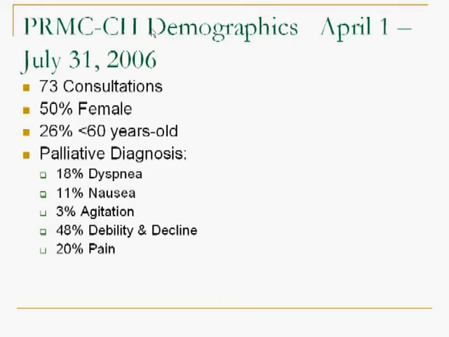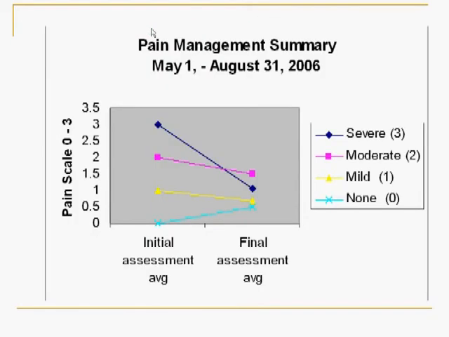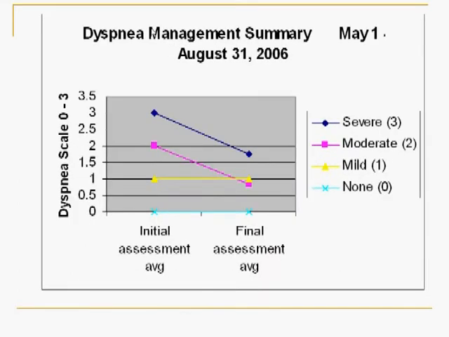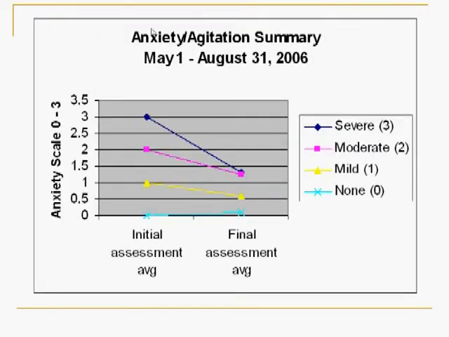A palliative diagnosis may be pain or dyspnea or what have you. And so you get a snapshot. We keep track of a lot of metrics from the day of consultation till the last day they were in the hospital. Substantial reductions in pain, in dyspnea, in agitation.